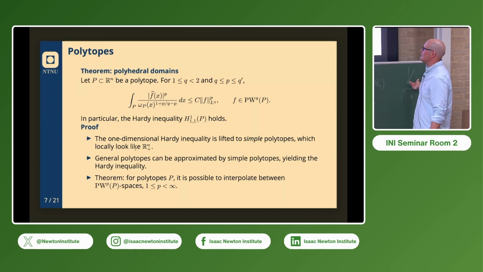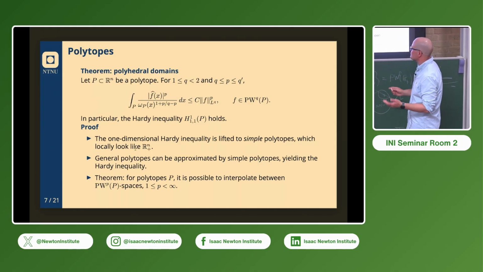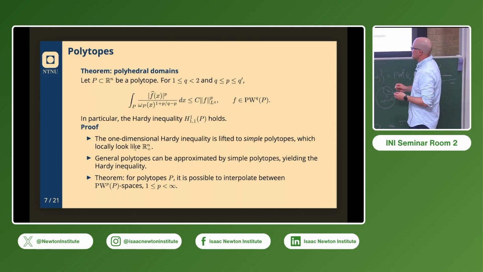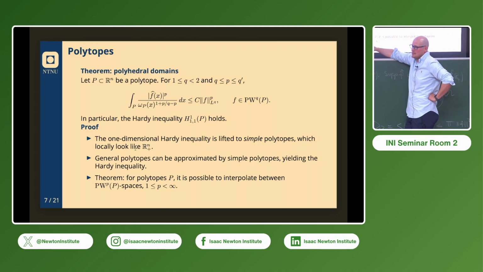Then you can approximate general polytopes by simple polytopes to get the Hardy inequality for all polytopes. Even though you don't have bounded projections at the endpoint, you can actually interpolate in this setting, for the Paley-Wiener spaces.